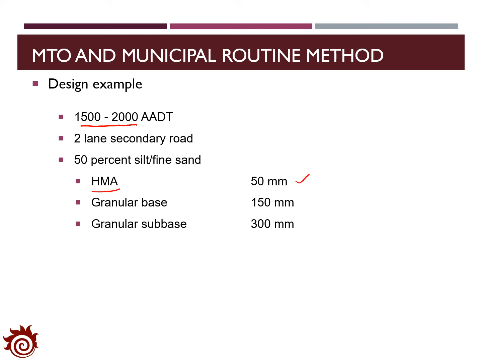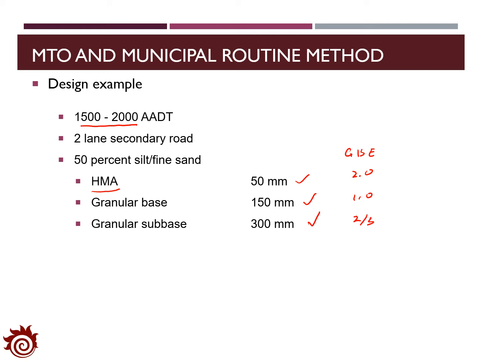The granular base is 150, and the granular subbase is 300. In addition, we know that the GBE for HMA is 2.0, granular base is 1.0, and subbase is 2/3.